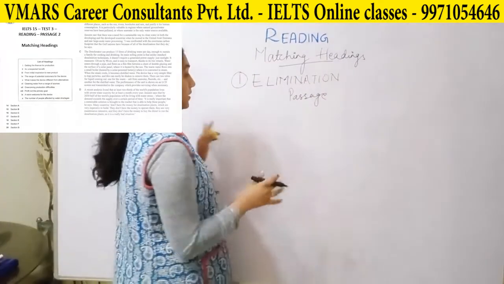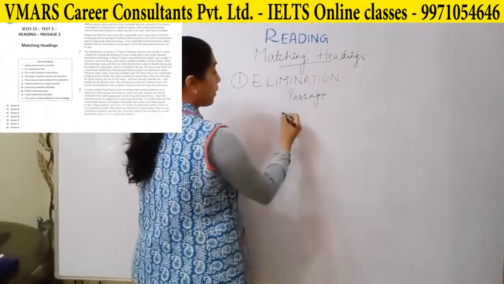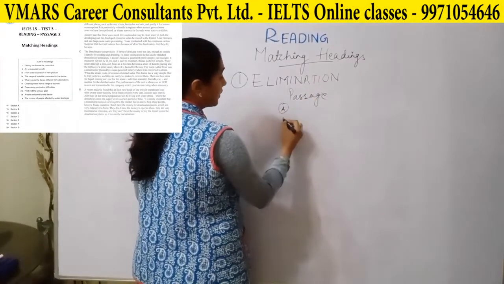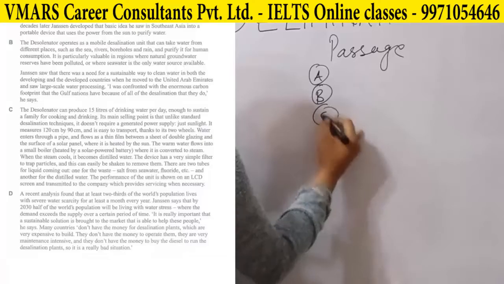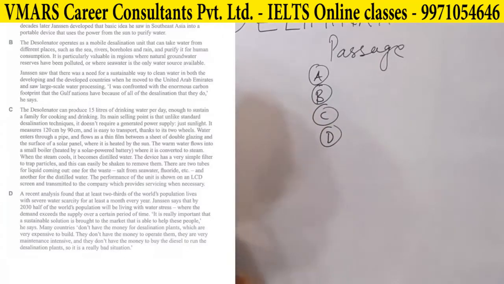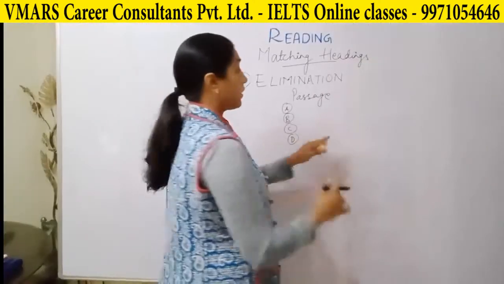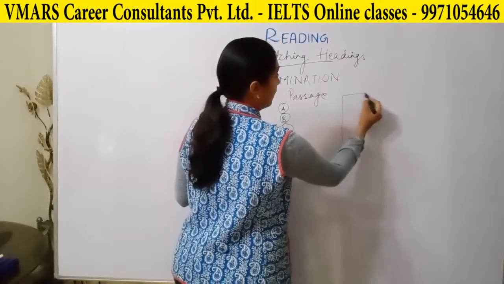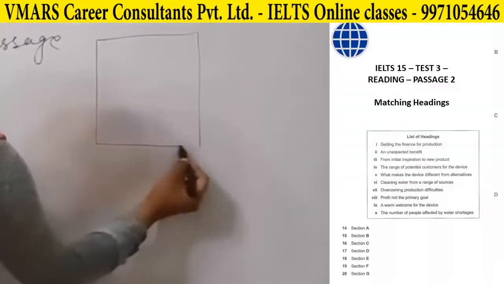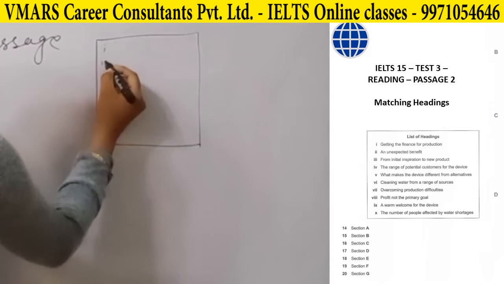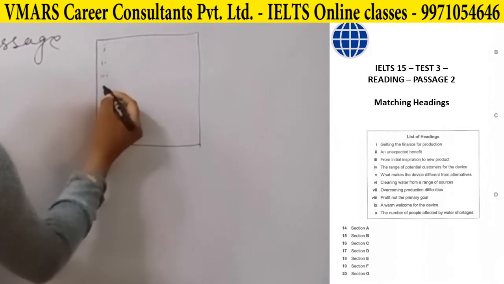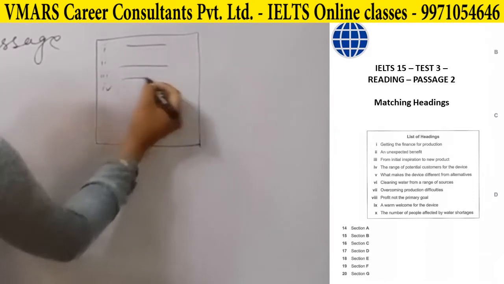It's quite a long passage, but in this passage you have paragraphs listed like A, B, C, D, and so on. Whereas when you look at the matching heading questions, there is a box, and you will have headings written like this.